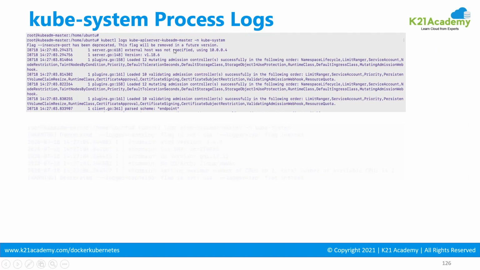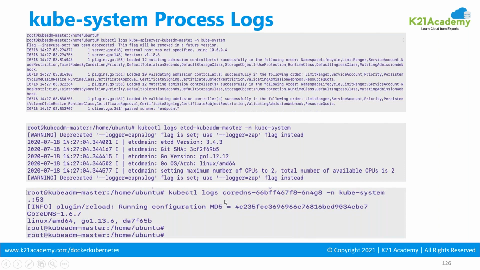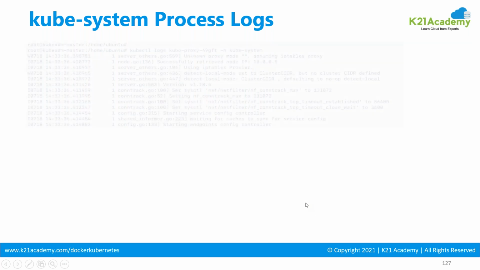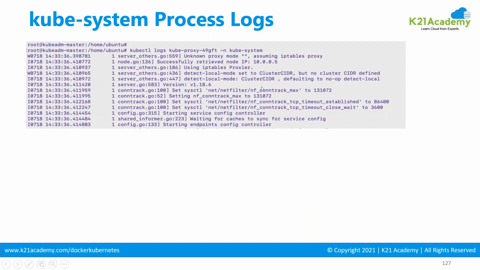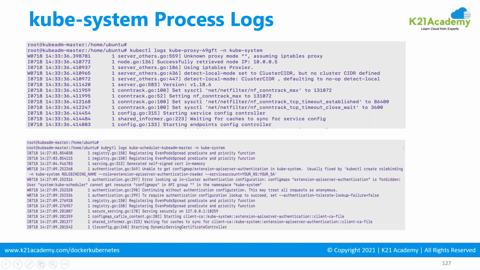These are the logs related to your etcd. These are the logs related to your CoreDNS. This is a log related to your kube-proxy, which you have seen. These are pod-level logs. This is the kubectl logs related to the scheduler.